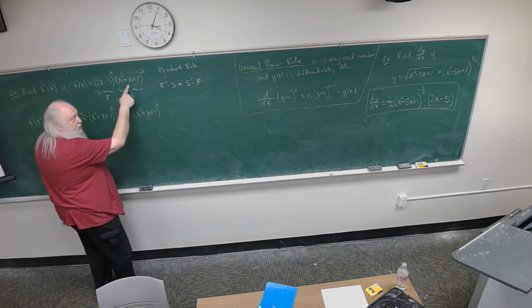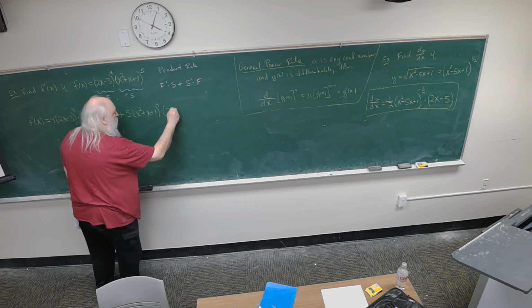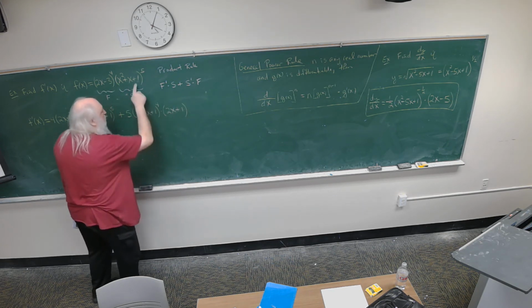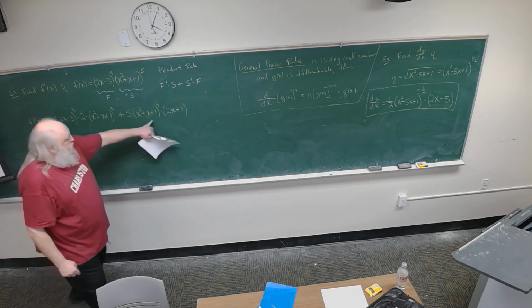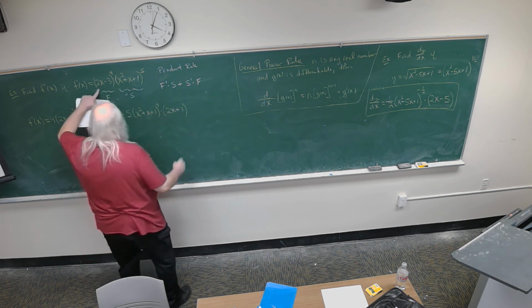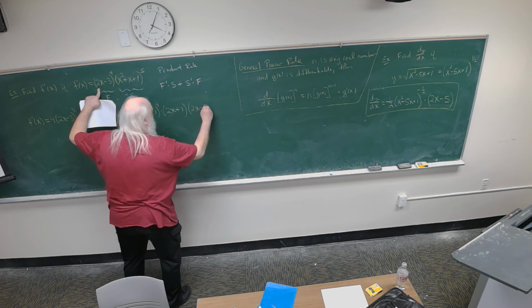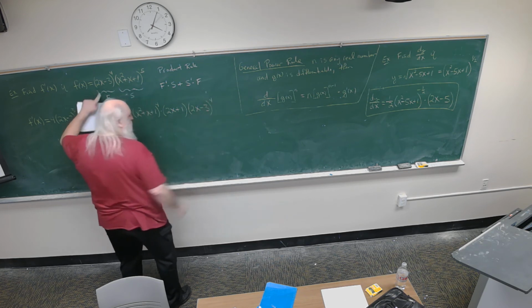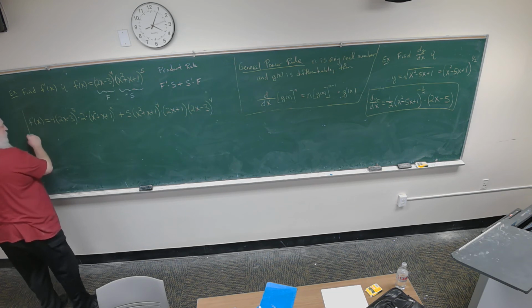Derivative of x squared is 2x, derivative of plus x is plus 1, derivative of plus 1 is 0. Now multiply that by the first function, (2x minus 3) to the fourth power. This is a typical exam question.